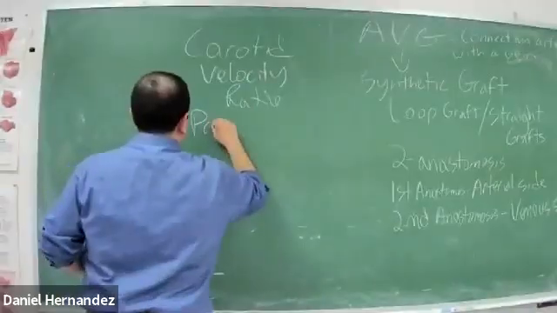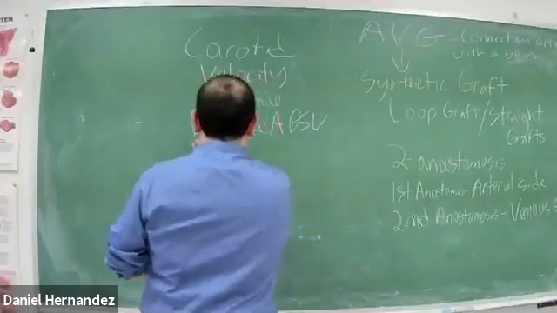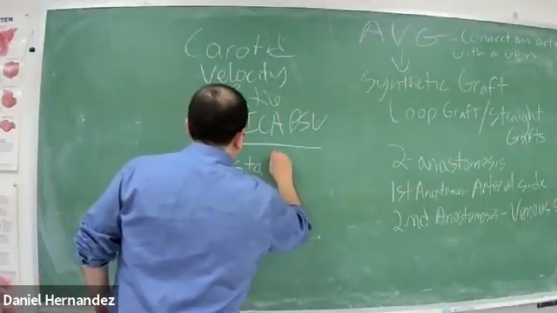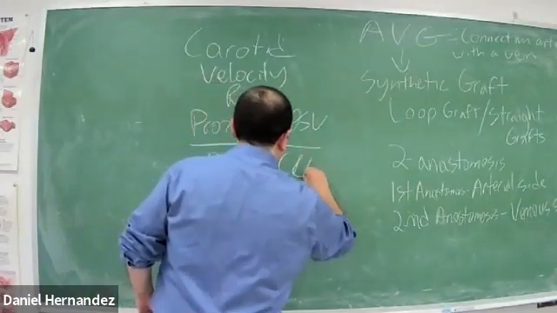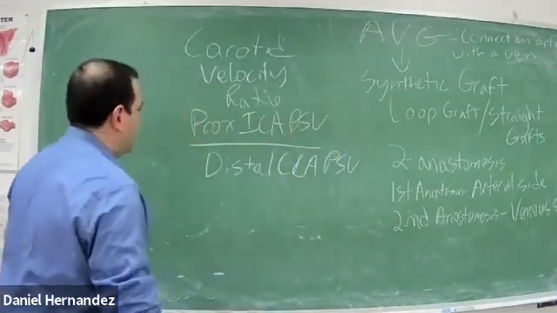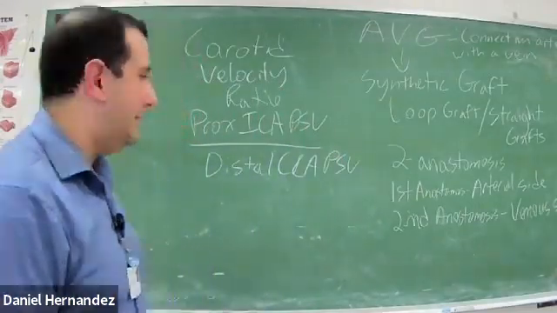So that is the third component. Our equation is proximal ICA peak systolic velocity over our distal CCA peak systolic velocity. What that ratio is basically telling us is how fast the blood flow is accelerating.